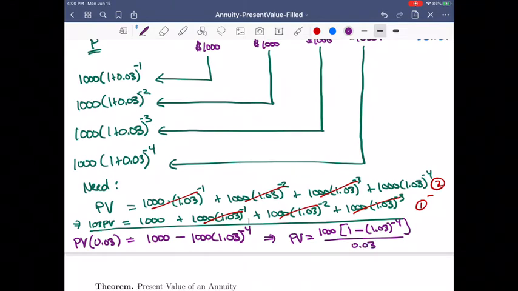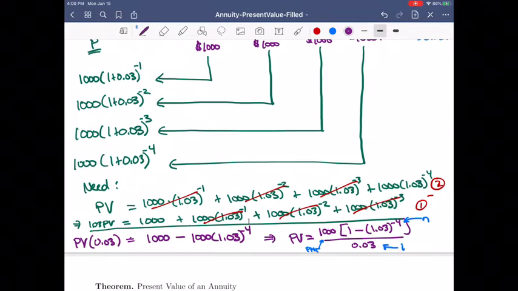So we see that the 1,000 is our payment or removal value. The 0.03 is our I, so 1.03 is 1 plus I, and the 4 is our N.